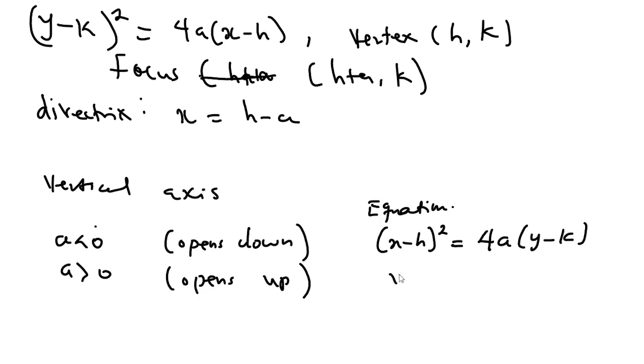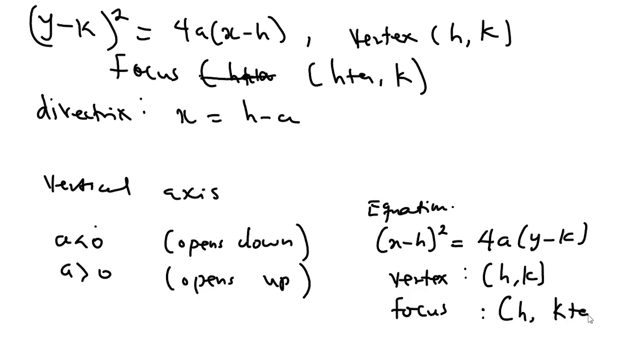And our vertex is still (h, k). Then what will be the focus? The focus will be (h, k plus a). So it has a vertical axis. This is a simple thing that we can note. Now for the directrix.